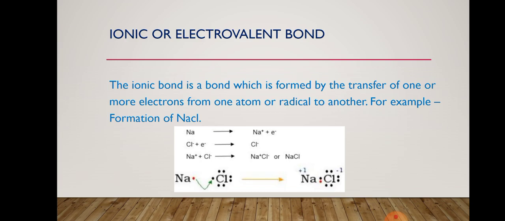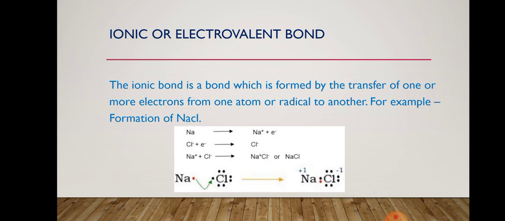As a result, metal atoms become positive ions and nonmetal atoms become negative ions. Then the oppositely charged ions get bonded by electrostatic force known as ionic bond.